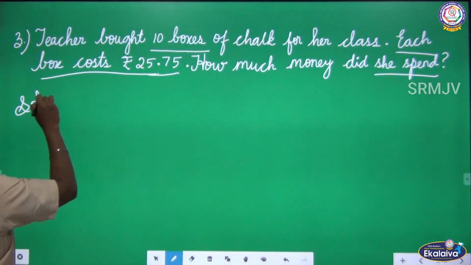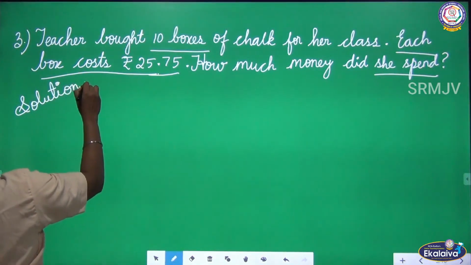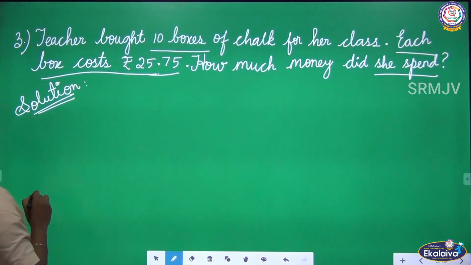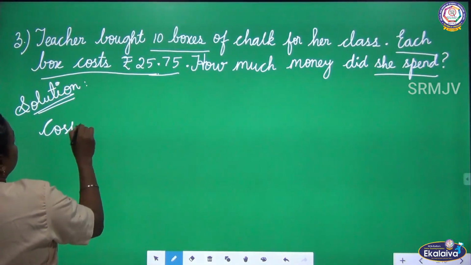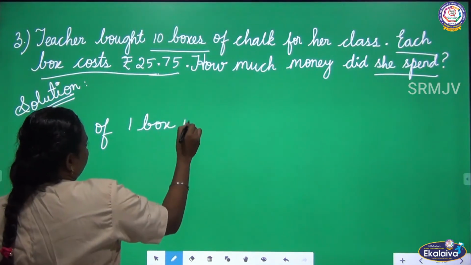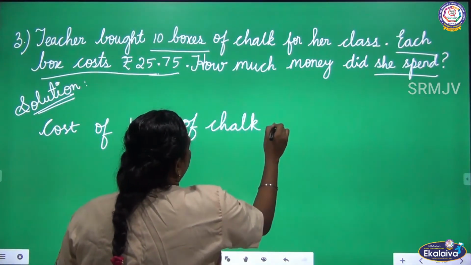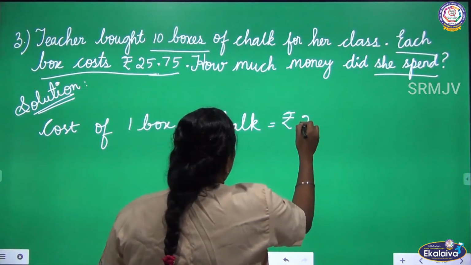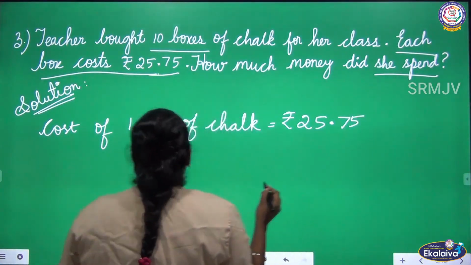So write the solution. Next, you can write: cost of one box of chalk equal to rupees 25 rupees 75 paise.